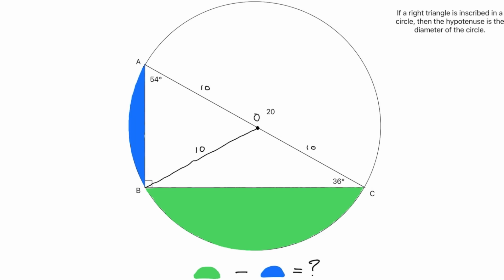Therefore, if angle OAB is 54, then the measure of angle OBA must also be 54. And we can do the same to triangle OBC, since this is also isosceles. Since the angle OCB is 36 degrees, then the measure of angle OBC must also be 36 degrees.